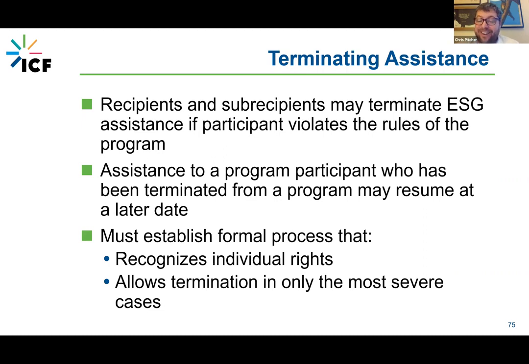Recipients and subrecipients are allowed to terminate ESG assistance if participants violate the rules of the program, but these should not be barrier rules. These should be rules that are flexible, that do not screen folks out or inadvertently terminate assistance for folks in a process that is not completely transparent.